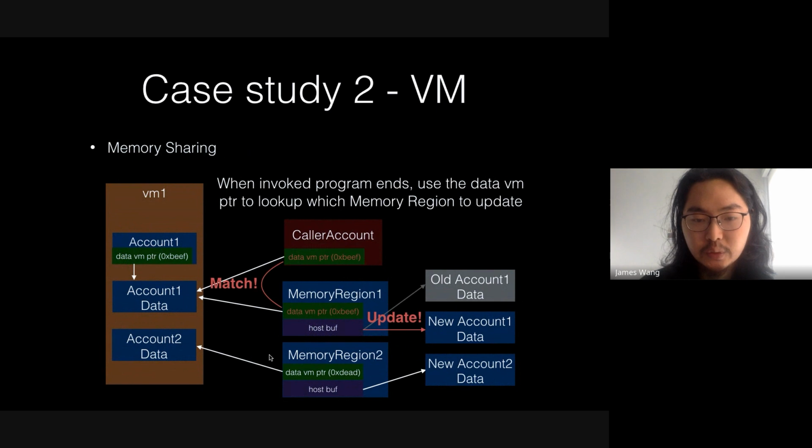If it sees a match, then it means that the caller account belongs to this memory region. Then it checks whether the new data buffer matches the host buffer stored in this memory region. If it doesn't match, then it means that an update happened, and we have to modify the host buffer to point to the new account data buffer.